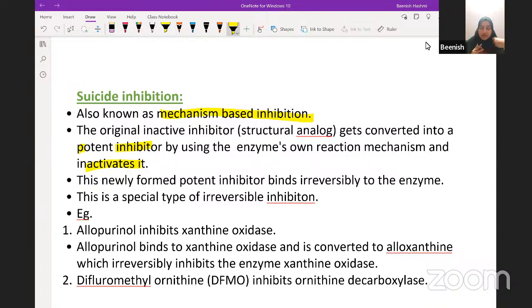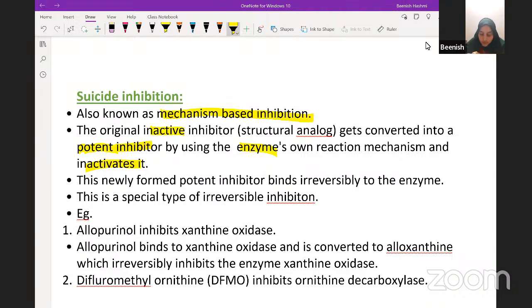It is transformed into a more potent inhibitor by causing conformational changes in the enzyme's active site, because of which it is able to bind permanently and irreversibly to the enzyme, becoming a potent inhibitor and inhibiting the enzyme. Okay, so the original inhibitor is inactive and resembles the substrate, but it gets converted into a potent inhibitor by the enzyme itself, and inactivates the enzyme.